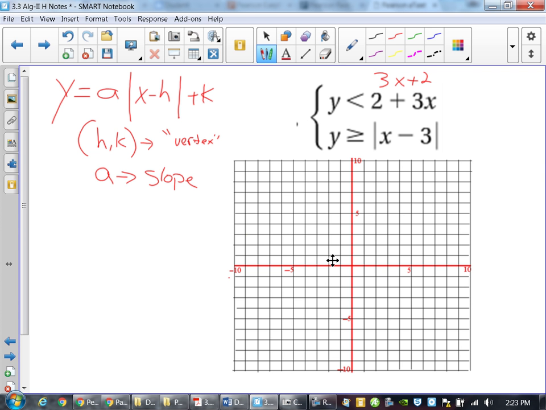So our absolute value graph tells us we have a center at 3, 0 and a slope of 1. You okay with that? So I start at 3, 0. Slope of 1.